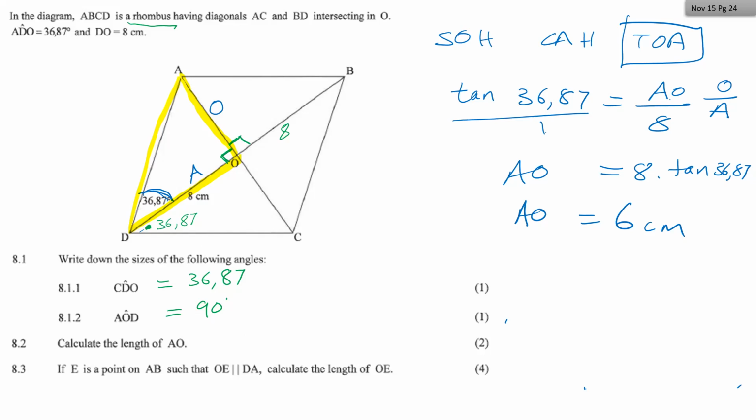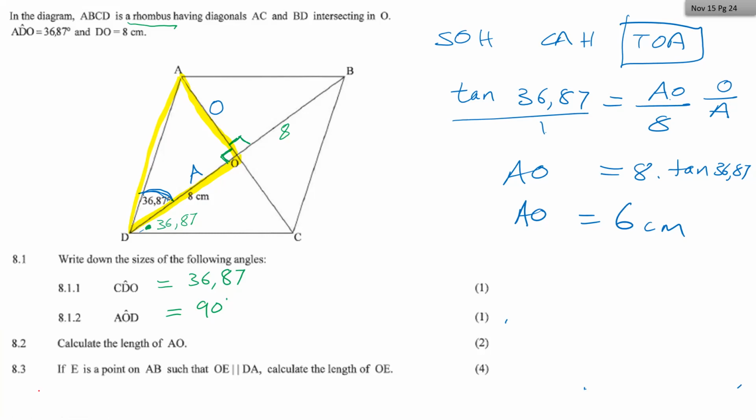Oh, sorry, I didn't see your hand up, but now we're ready to roll on. So the next question is quite interesting. If E is a point on AB such that OE is parallel to DA. So they're telling us first, I'm going to now change my color.